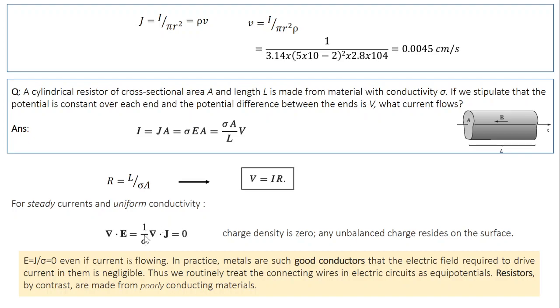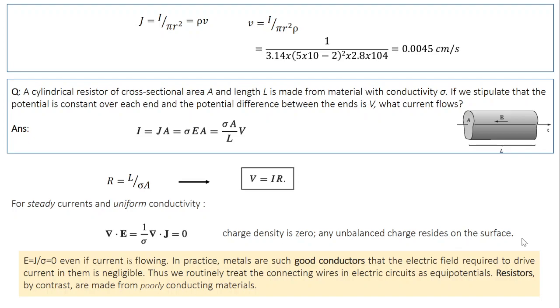Since we are talking about steady currents, divergence of J equals 0. From Gauss's law, we know that divergence of E equals rho by epsilon naught. Epsilon naught is a constant, so the only possibility is the charge density rho being 0. So charge density inside the material is 0 and any unbalanced charge resides on the surface.